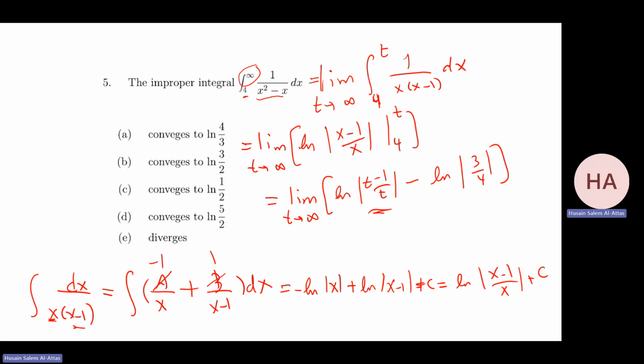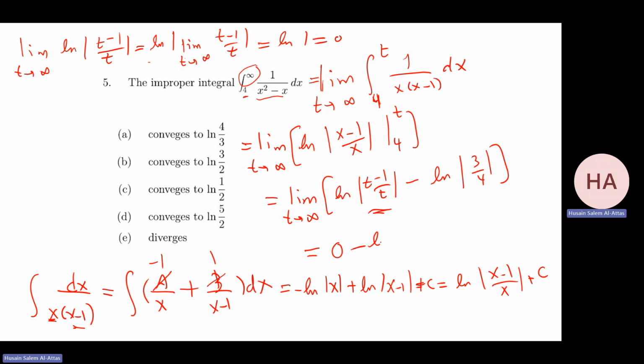This limit I can do easily. Ln and absolute value are continuous functions, so I take the limit inside: t minus 1 over t, same degree, goes to 1. So it will be ln 1, which is 0. So you have 0 minus ln 3 over 4. Taking the minus as a power, that will be ln 4 over 3. And this is the answer.